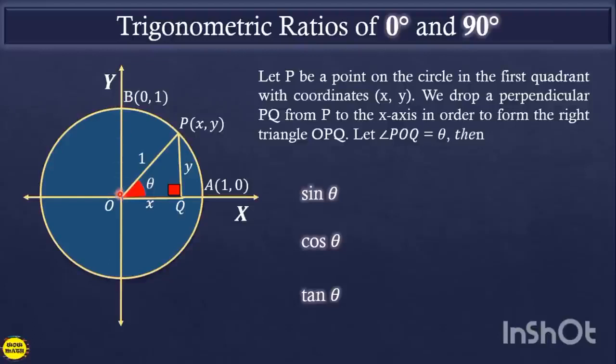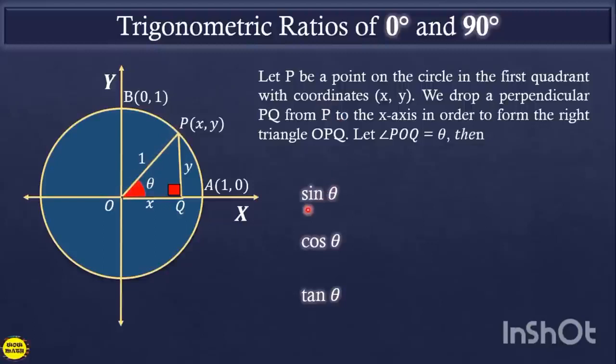Kasi ang y-coordinate, nasa y-axis, 1 po yan. So, kung ito po ay 1, from here to there, 1 po siya, ibig sabihin, 1 din po ito, kasi radius po yan. Pare-parehong radius po ito. Kaya kung mapapansin nyo, ang x-coordinate naman ito, 1 din. Okay? So, that is the explanation why it becomes 1.